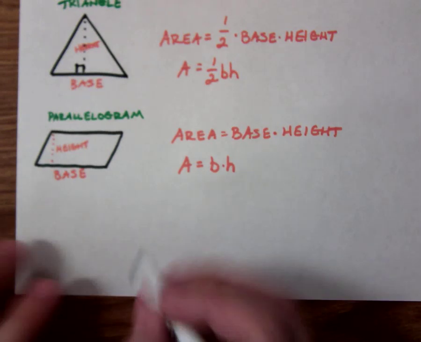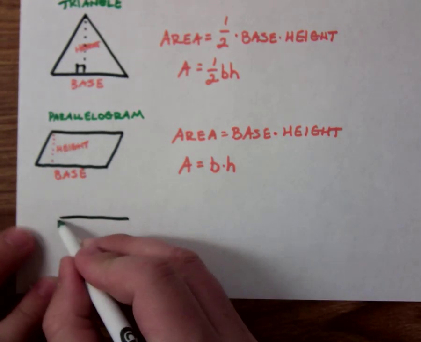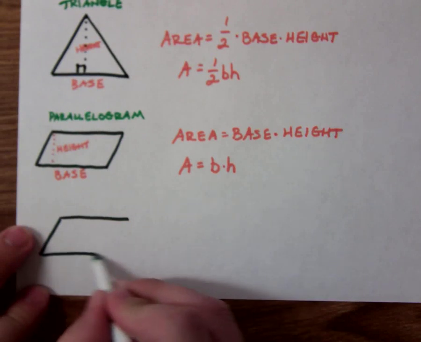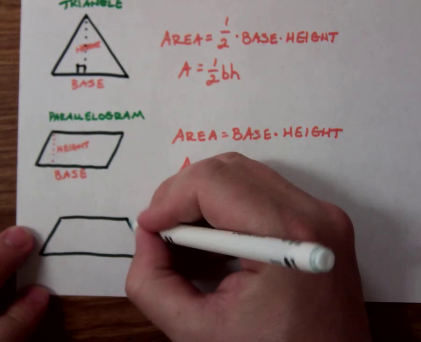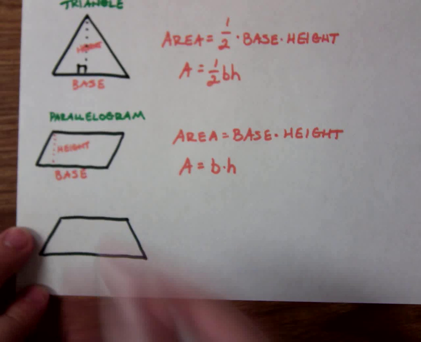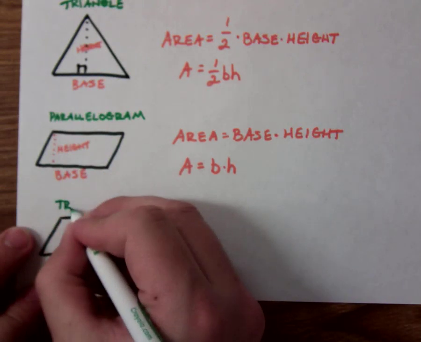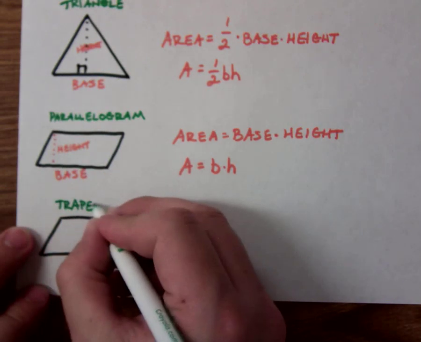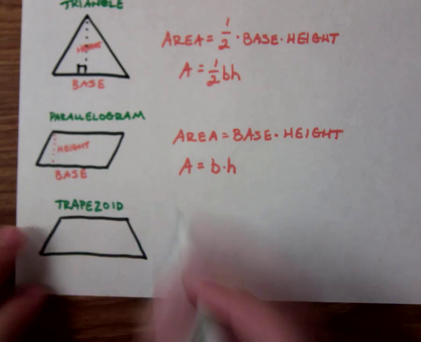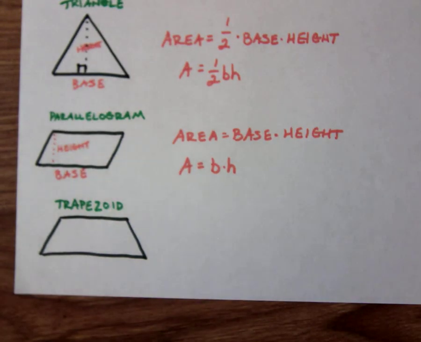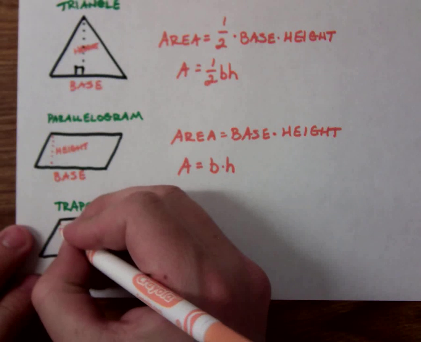Okay, and the final shape also has the weirdest formula. This is called a trapezoid. We need to know the height of that one as well.